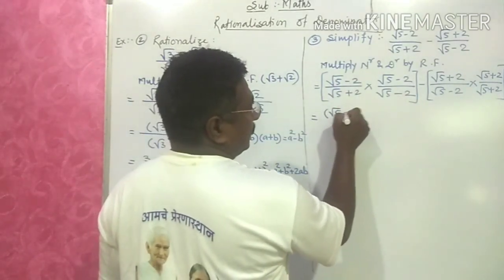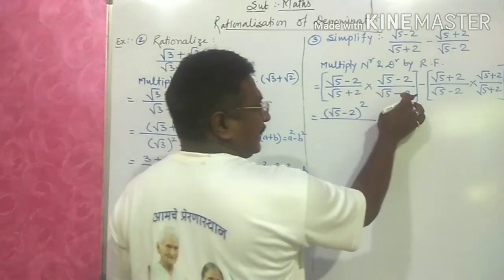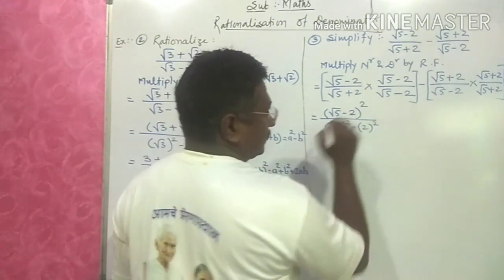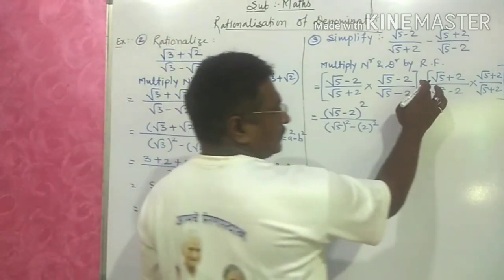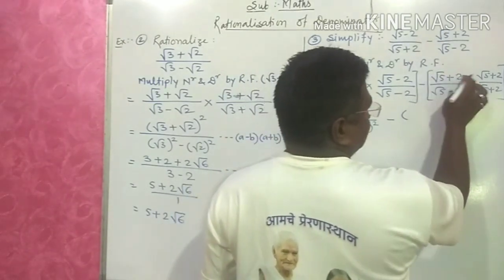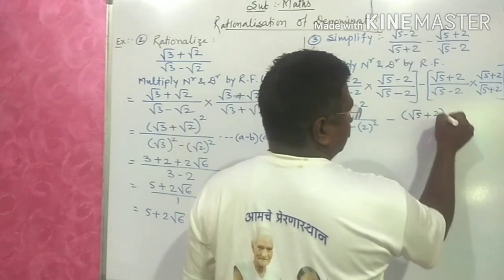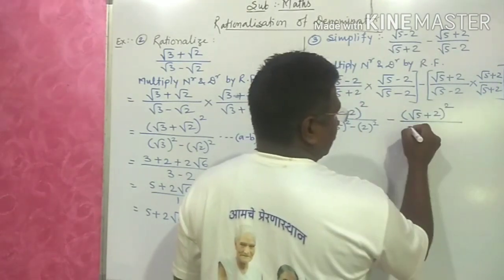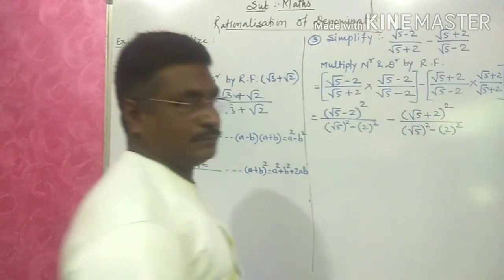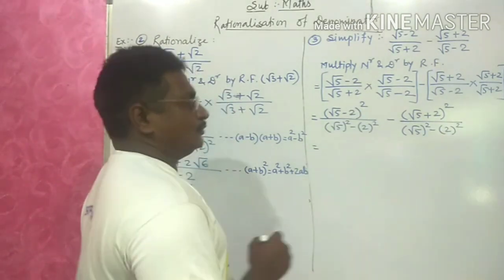So what will we get? (√5 − 2) whole square. Now here A plus B, A minus B, so A square minus B square. Understood, student? Now here minus as it is. Now A plus B into A plus B means (A plus B) whole square, by (√5) whole square minus 2 whole square. Now check, which identity has to be used?